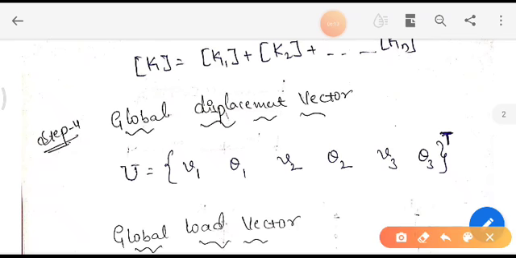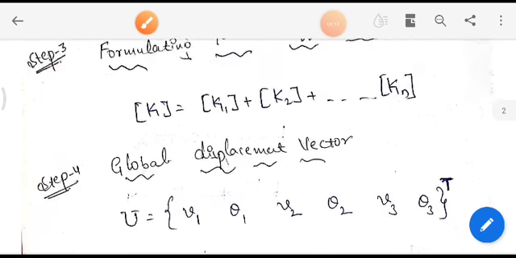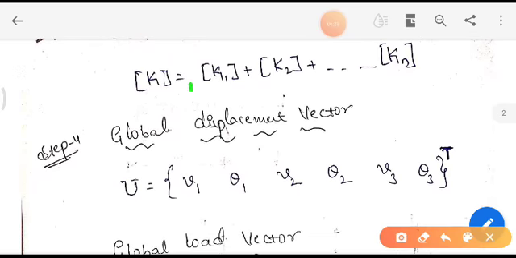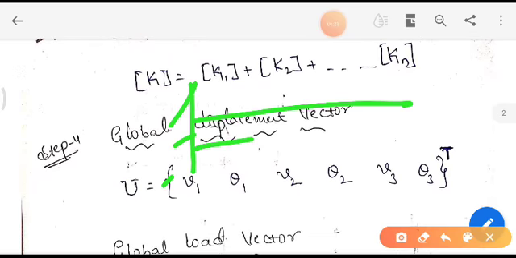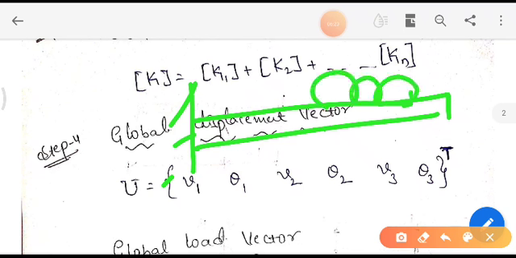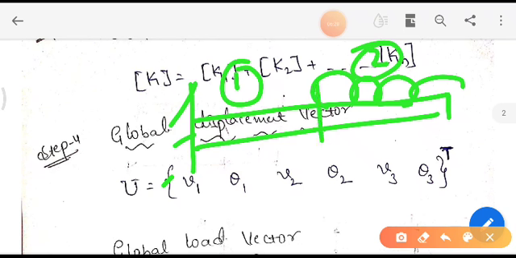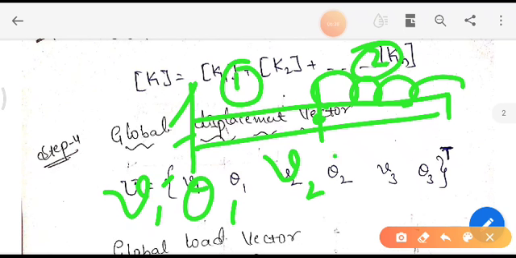Here for this type of beam, for example, this is our cantilever beam subjected to UDL, and we consider this as first element, this as second element. Then we have displacement V1 and theta 1. At node 2, we have displacement V2 and theta 2.